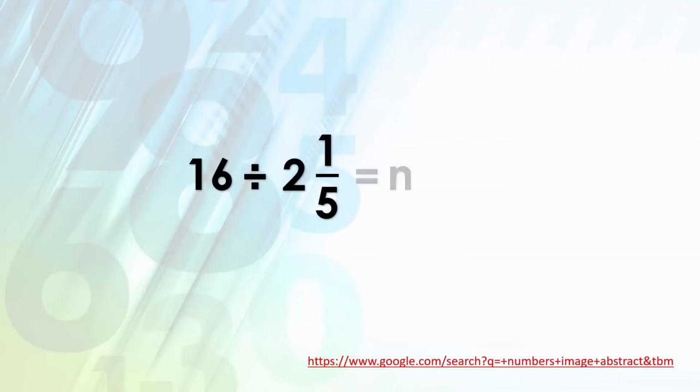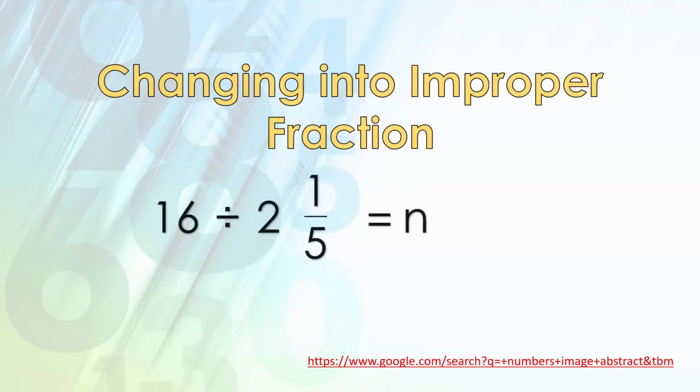Let's have another example. Let's try 16 divided by 2 and 1/5. In this case, we need to convert first the mixed number into an improper fraction. 5 times 2 is 10, plus 1, it's 11. So 2 and 1/5 will become 11 over 5.